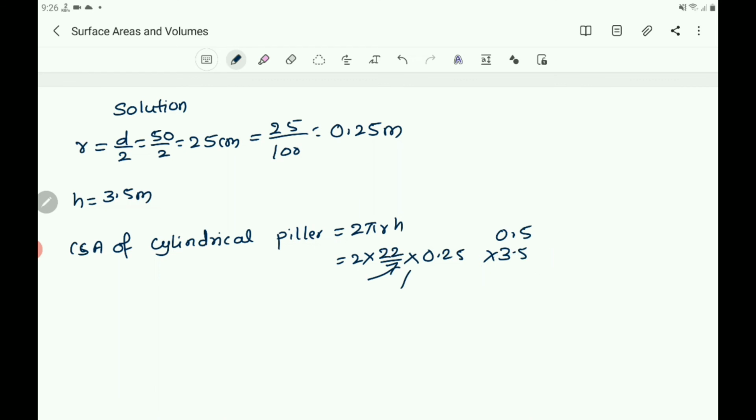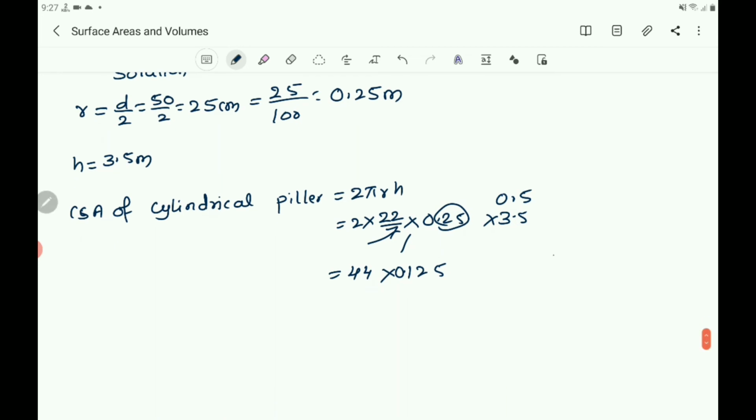Then 2 into 22, 44, and 25 5s are 125, with 3 digits after the decimal, so it is 0.125.